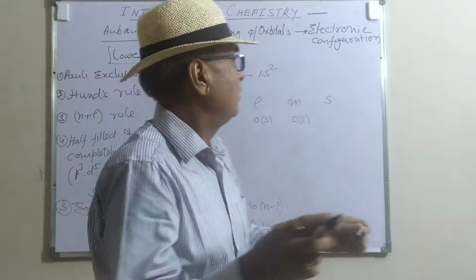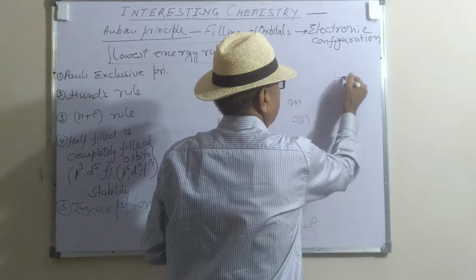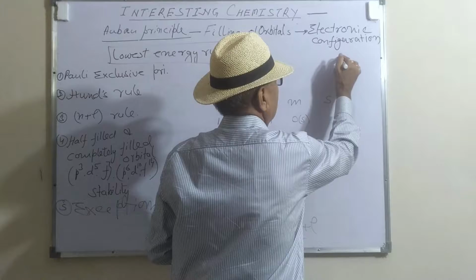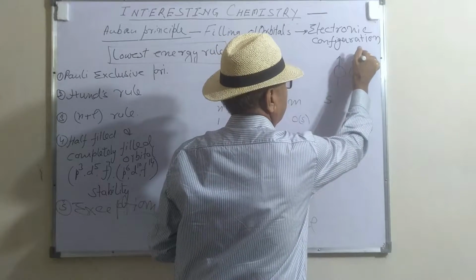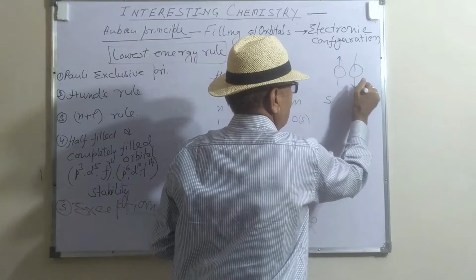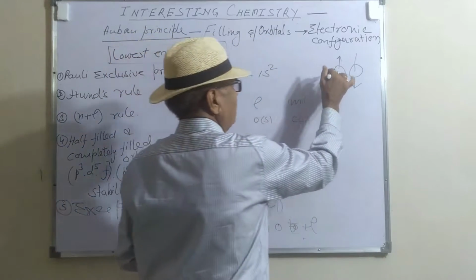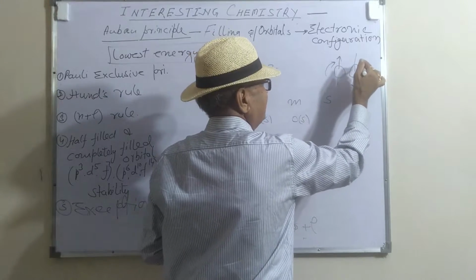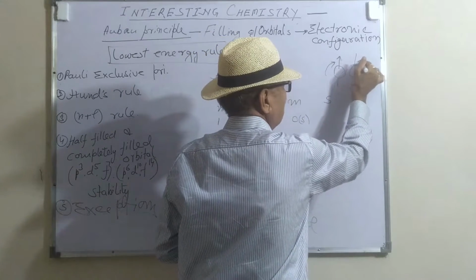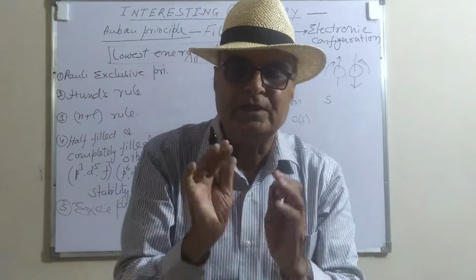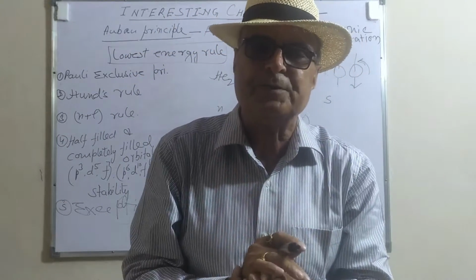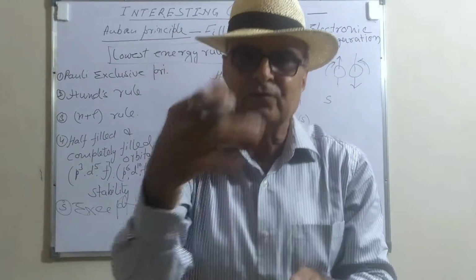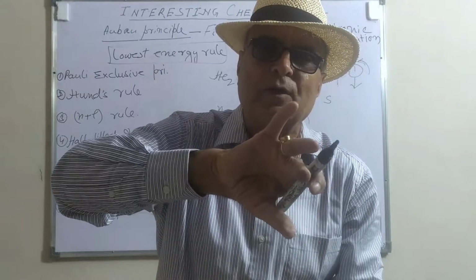The answer to that question is that the two electrons have opposite spin. One electron spins clockwise and the other spins anti-clockwise.